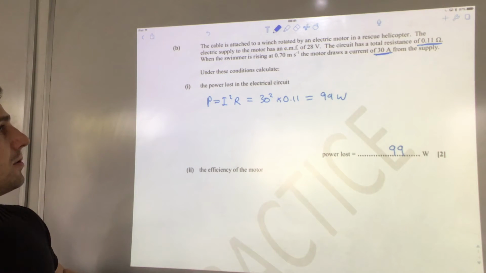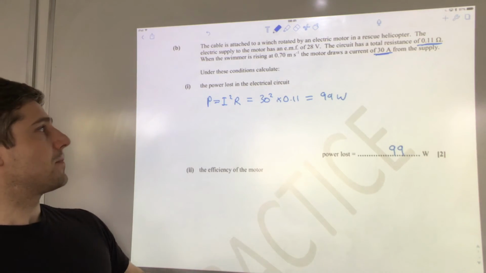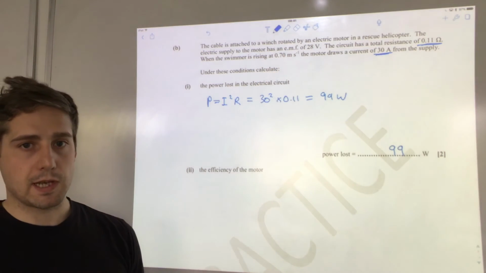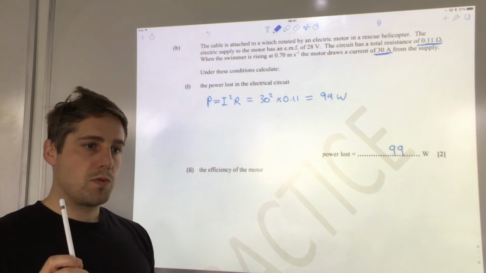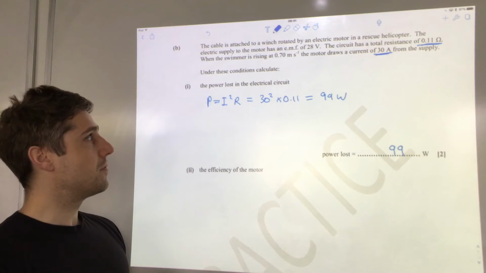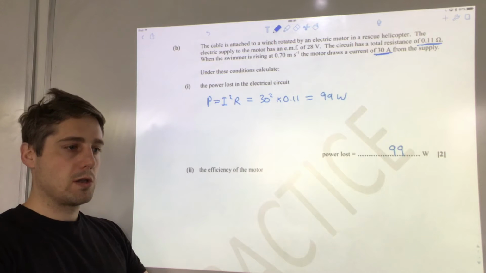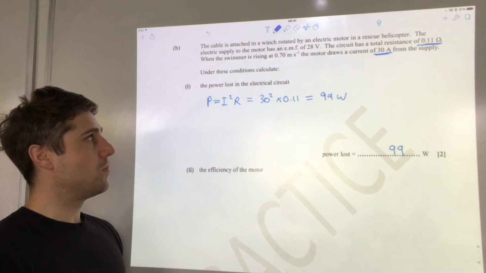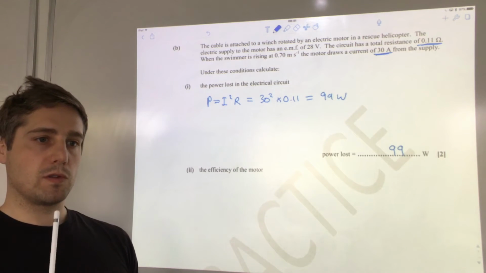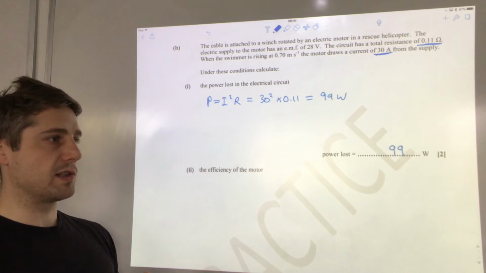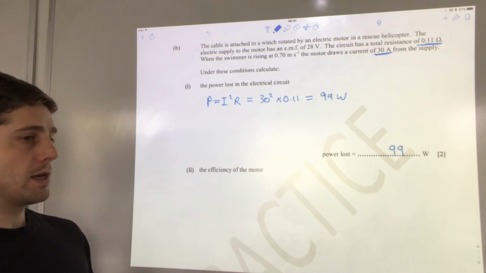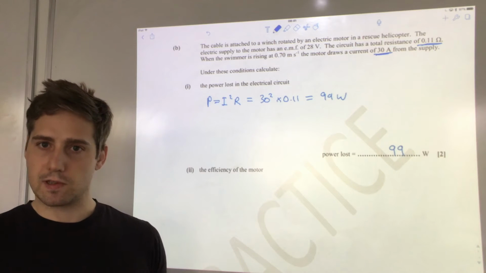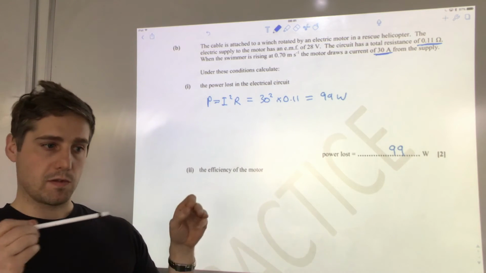Then we'll need to use the fact that she's going at 0.7 meters per second to work out the mechanical power that's being put into lifting her up. So we'll use power is equal to the force multiplied by the speed that she's moving. P equals FV, that will tell us the mechanical power to her.